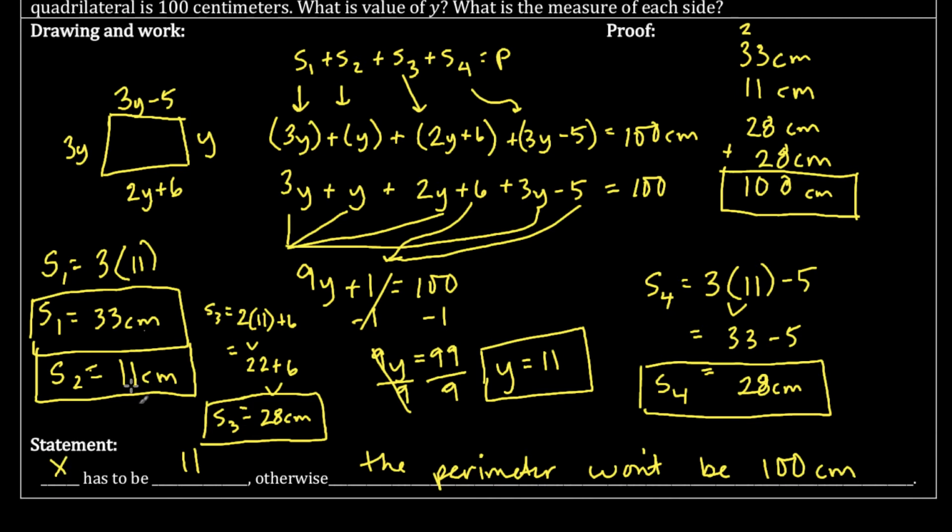This isn't even x, this is y, right? So y has to be 11. Otherwise, the perimeter won't be 100 centimeters. Basically, this y here, here, here, and here needs to be 11. Otherwise, when you add them, you won't get 100. But remember, we need 100 because it tells us that that is the perimeter. And that is it. Thank you.